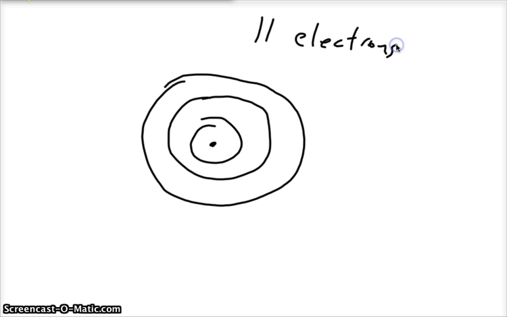You probably learned, and most of you should remember this, that I can put 2 electrons on the first ring and 8 electrons on the second ring, which gives me 10 electrons. Then I put 1 electron on the third ring. You probably remember a problem like that.